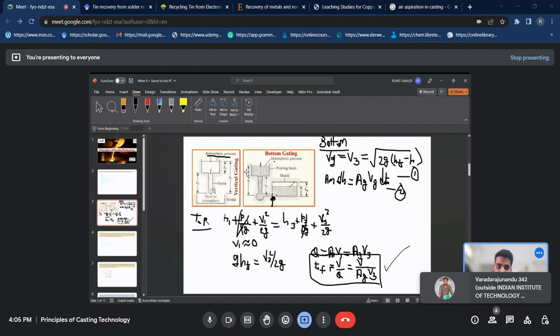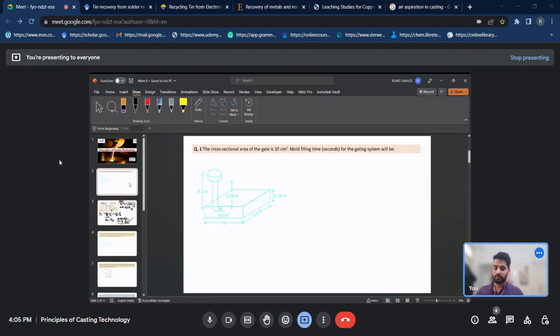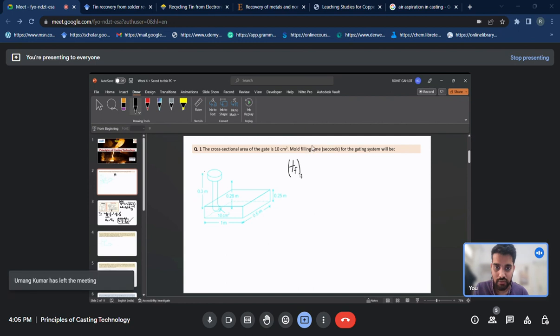It is a simple derivation from the Bernoulli equation itself, and I will write the final formula for the bottom gating for you. So this is the filling time for the bottom gating system. It is equal to the area of the mold divided by the area of the gating.